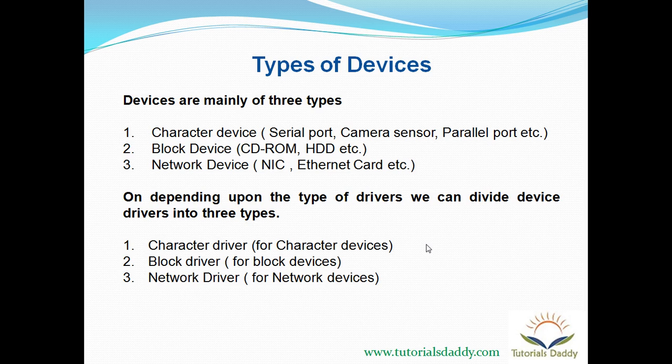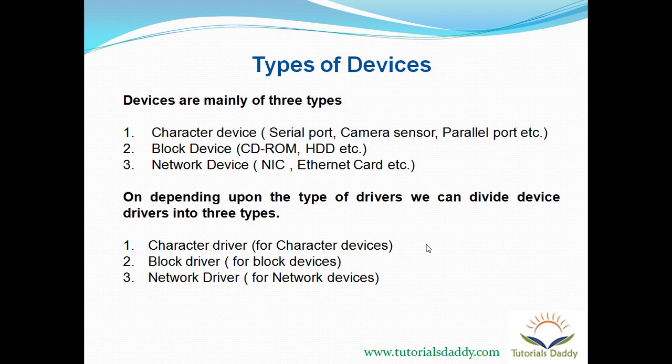Examples of these kinds of devices are serial ports, camera sensors and parallel ports, etc. The second type is block devices. Block devices are the devices which transfer data in the form of bulk. They perform bulk data transfer. Examples are CD-ROM, hard disk, USB devices, etc.